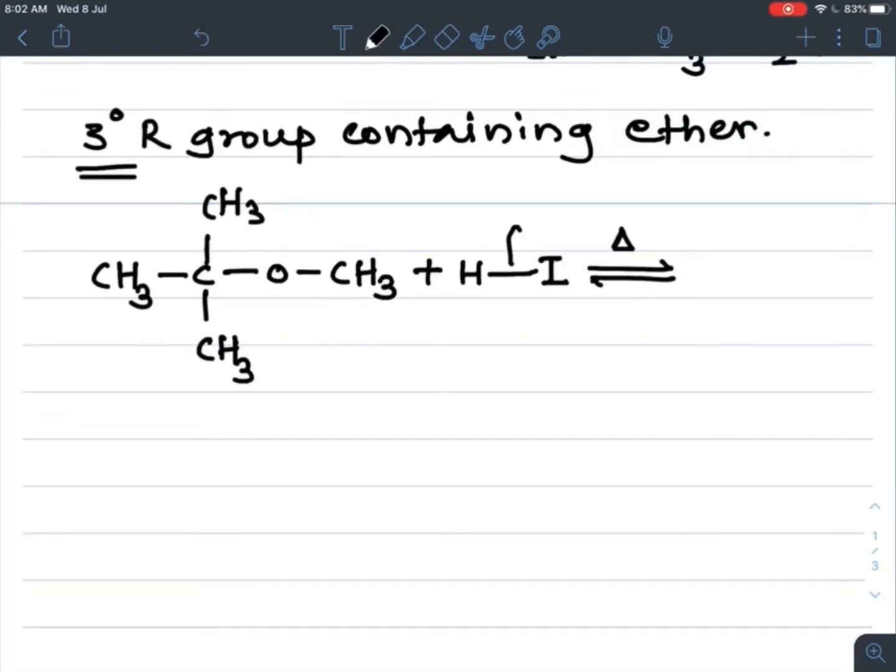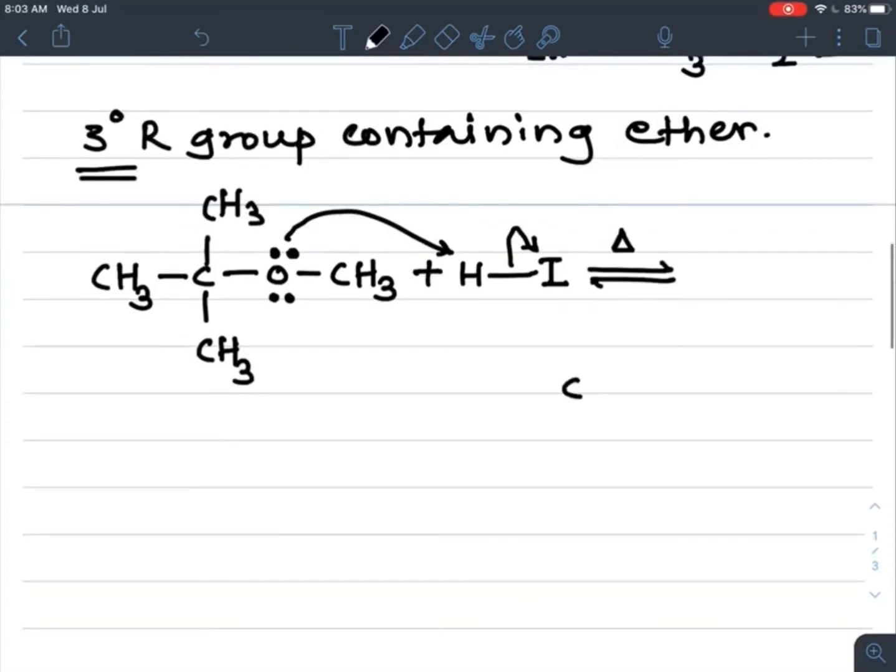Here again this bond breaks heterolytically, H plus and I minus are formed, and this oxygen has two lone pairs of electrons. Using this pair of electrons, it donates to hydrogen and forms a bond with hydrogen.